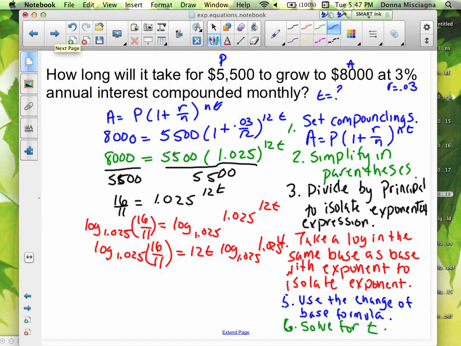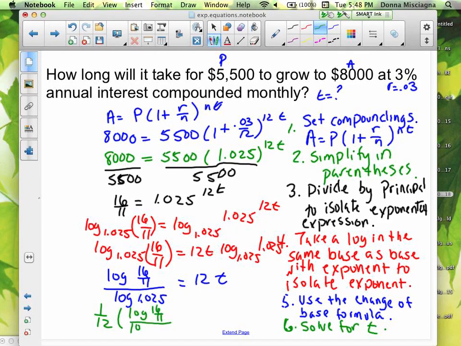We're going to use the change of base formula here because, gosh, we don't want to keep that base. So it's the log of the result, log or natural log of 16 11ths divided by the old base, log of 1.025, equals 12t. All right, and now we just have to divide both sides by 12. So the exact answer is going to be 1/12 times log of 16/11 divided by log of 1.025 equals t.